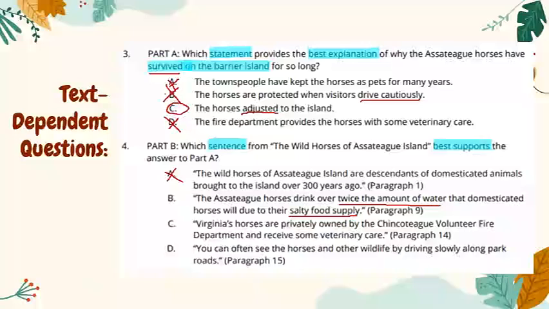Well, that's true, but I don't think that tells how they've adjusted. D, you can often see the horses and other wildlife by driving slowly along park roads. Yes, that's true. But that does not mean that's how they've adjusted to their environment. They've adjusted to the island by drinking more because of the salty food.